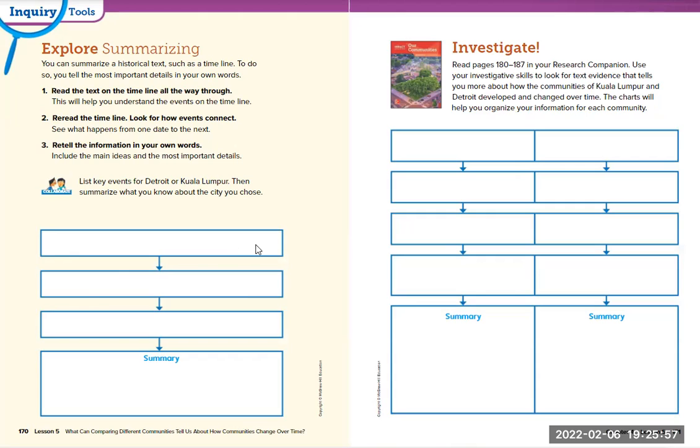So my first detail, my second detail, and my third detail, I would say first, Malaysia or Kuala Lumpur was founded by Chinese miners looking for tin in 1857. Next, or then, the British Empire took control over Kuala Lumpur and created the Malay states in whatever year that was.